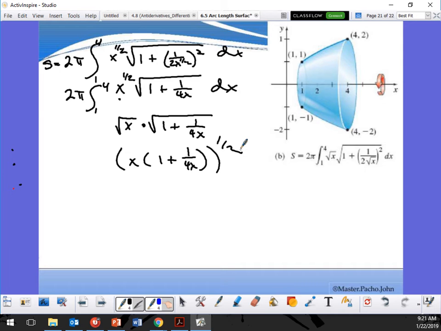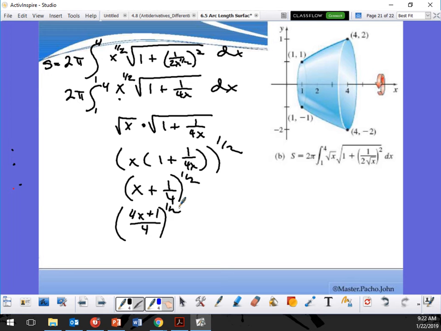So let's go ahead and do my distribution. So I get x plus 1 over 4, common denominator, so it'd be 4x plus 1 all over 4, right? And this is to the 1/2. Yes?